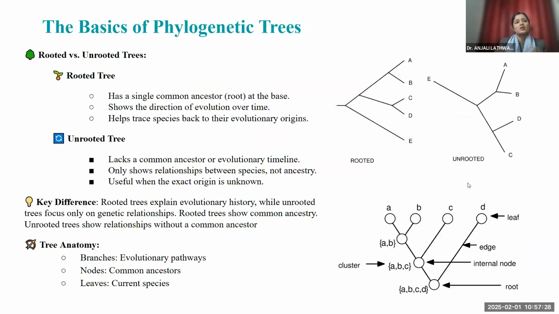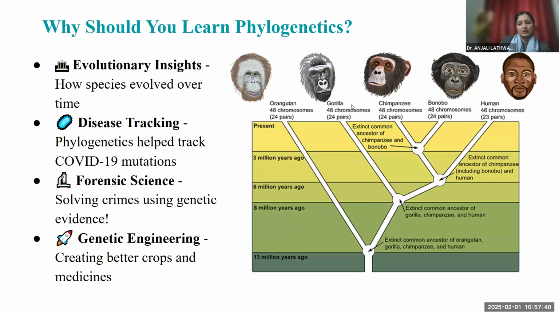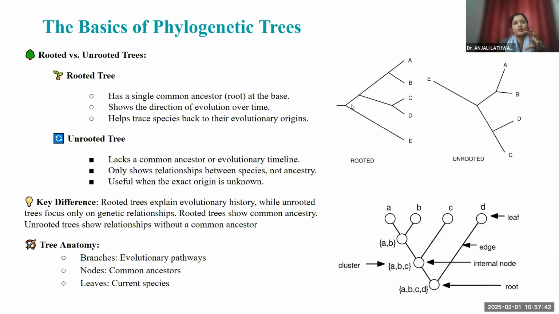That's why trees. So in phylogenetics, there are mainly two types of trees: rooted versus unrooted. Rooted is something which you can see here, or which we have seen earlier as well in this figure, where you have a common ancestor and then you have a direction of evolution as well. This is at the top and you are driving something down there, right?